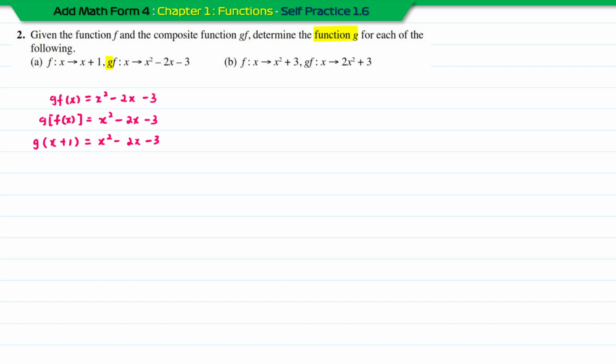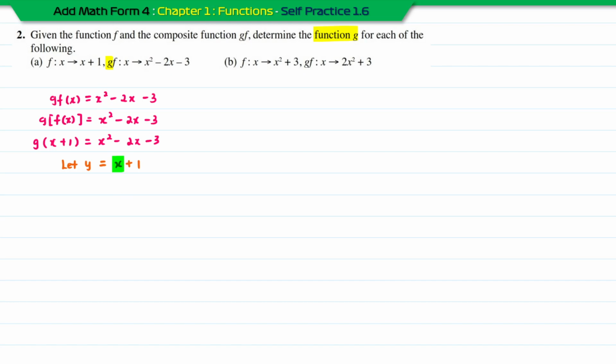So in this case, we need to use the inverse functions. Let y equal x plus 1. For the function f here, we replace f(x) with y. Now we want the x to become the subject when you inverse it.